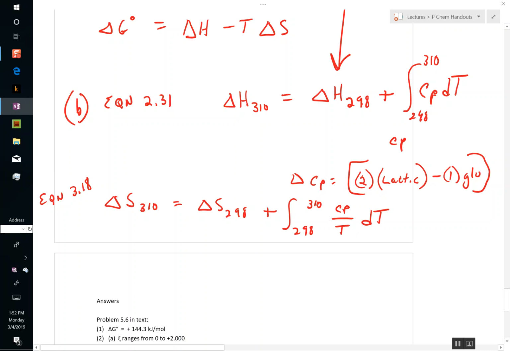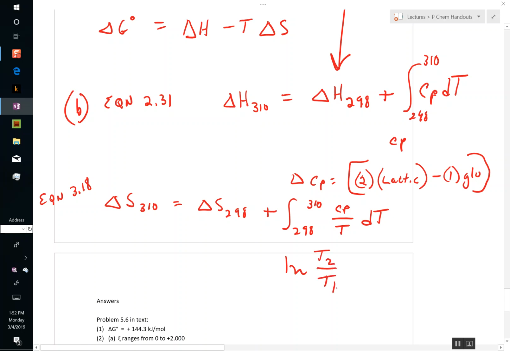So it's a little different than the delta H calculation. Is our T in that case 310? The T underneath, yeah, you're integrating. So it's going to come down to the log of the final temperature over the initial.